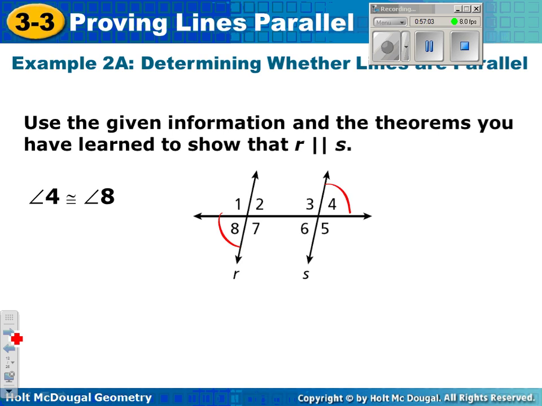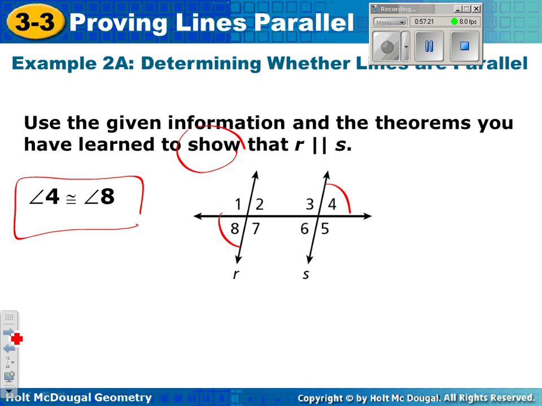Look at the picture. What kind of angles are 4 and 8? Alternate exterior. So this says, use this information, show that the 2 lines are parallel. Here's what's been given. So to save time here, I'm not going to write all this out.